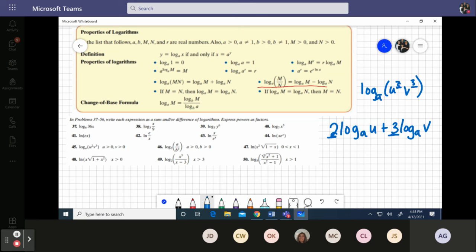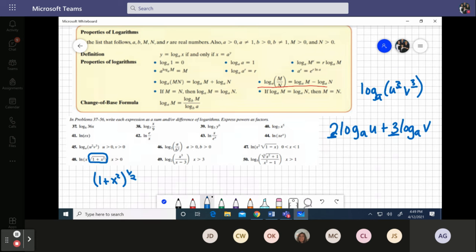Now looking at problem 48, how do I write the square root of something with an exponent? Instead of the square root of 1 plus x squared, it would be what? There you go. To the 1/2, right?